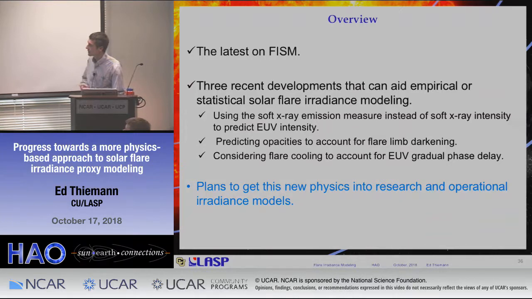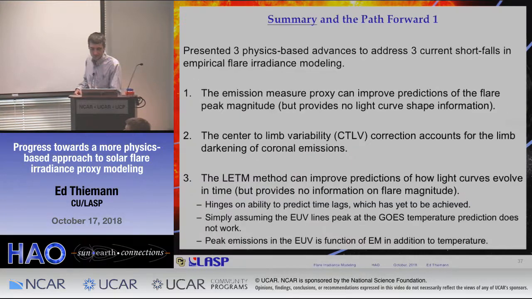Okay, and so now I'm going to spend about 5 minutes talking about how we can roll these new effects into research and operational irradiance models. So we presented 3 physics-based advances to address 3 current shortfalls in empirical flare irradiance modeling. I think the emission measure proxy was pretty straightforward, and it can improve the predictions of the flare peak magnitude, but it doesn't provide any light curve shape information.